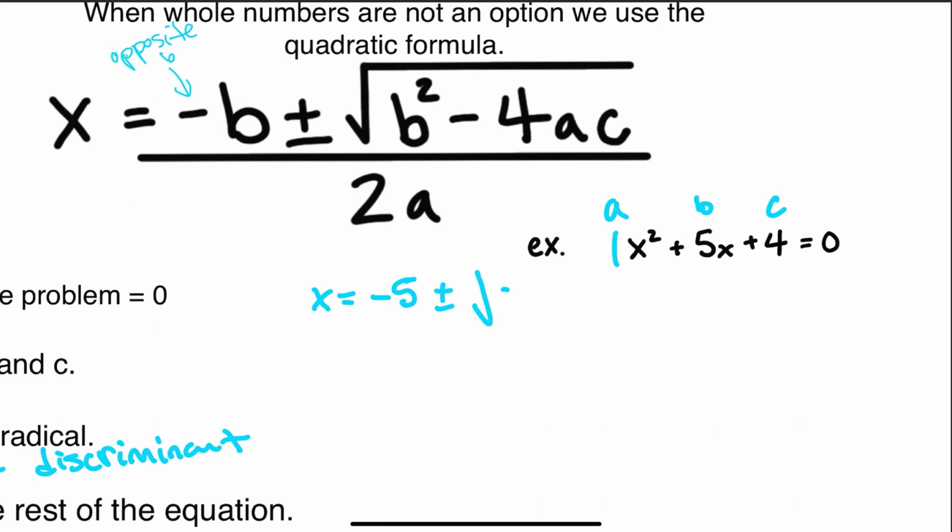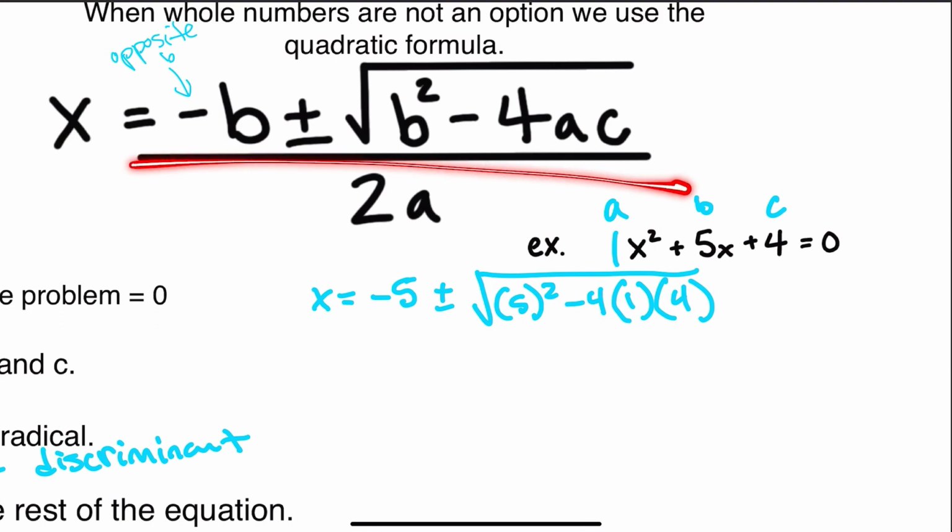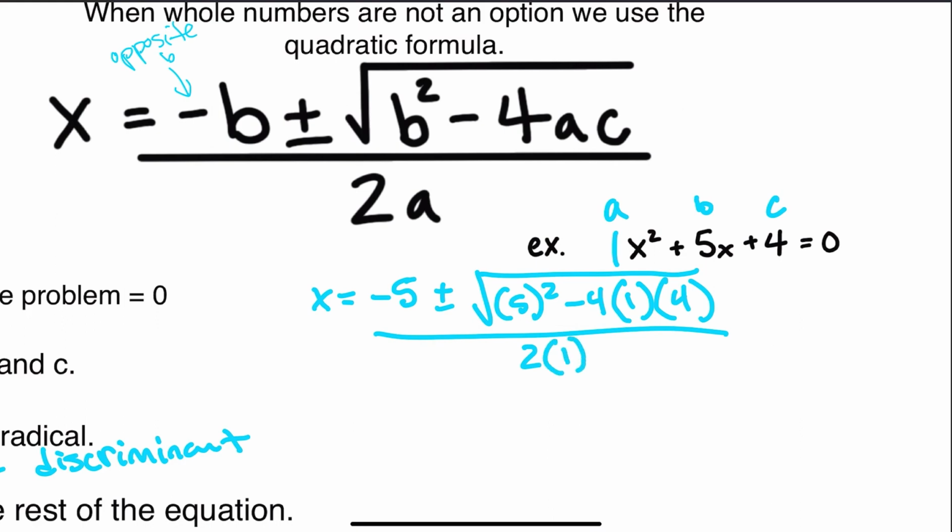Okay, b again was 5. Negative 4, A and C. Let's see, my A is 1. My C is 4. Cool. This entire thing is a fraction over 2 times A, which again was 1.